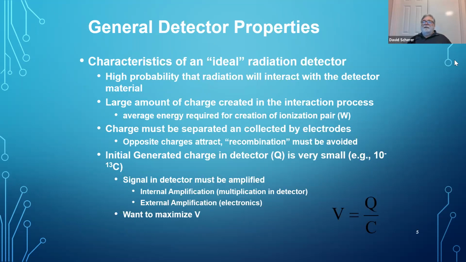So what we would like to have in a detector, we'd like it to be very efficient. We would like to have a high probability that if radiation is present, it's going to be measured. We'd like it to produce a big electrical signal, so we want to convert the photon energy, the radiant energy, into some macroscopic electric signal.